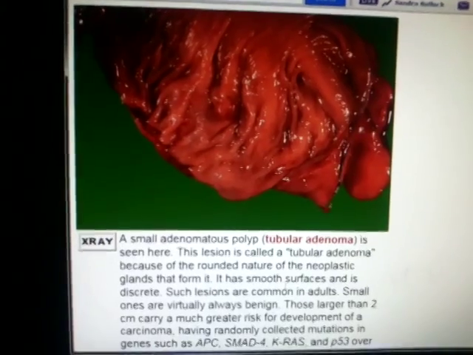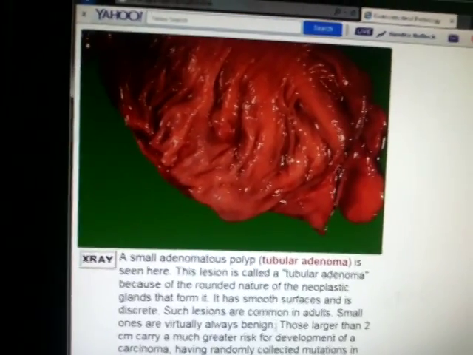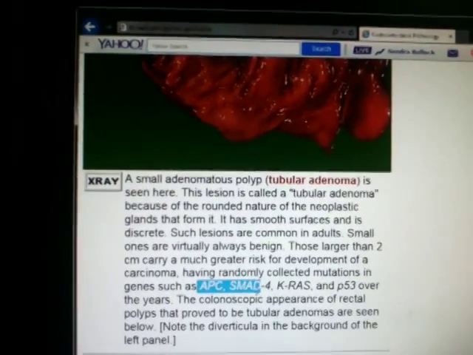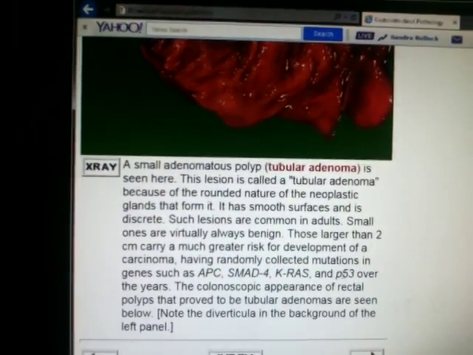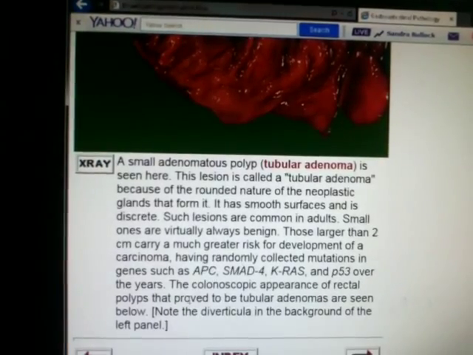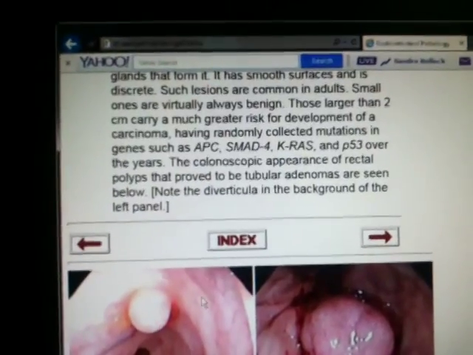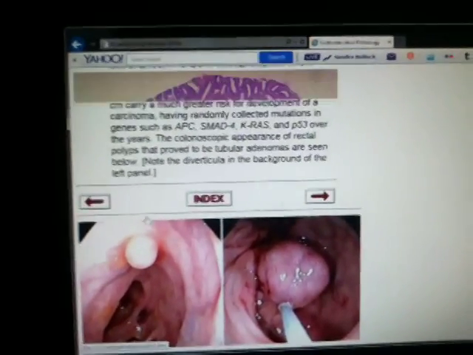They are pre-malignant and the patient can develop invasive malignancy from these polyps. Patients who have APC, SMAD, KRAS, and p53 mutations may have a higher risk of developing invasive carcinoma. Another example for endoscopic appearance of this adenomatous polyp.